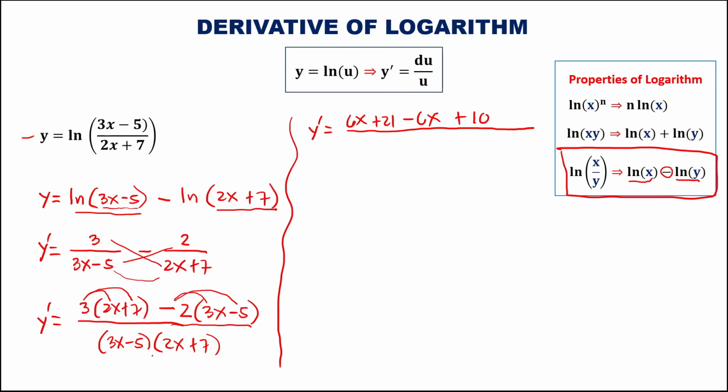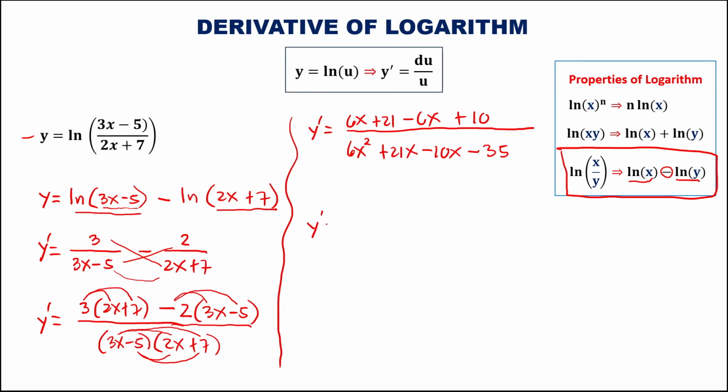Then in the denominator, 3x times 2x is 6x squared, and 3x times 7 is positive 21x. Then negative 5 times 2x is negative 10x, and negative 5 times 7 is negative 35.